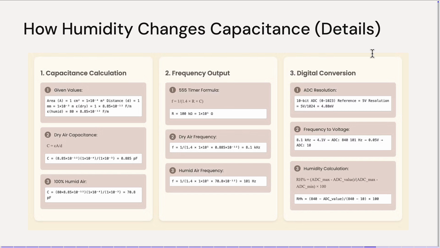This is the capacitance, and based on this, we can derive, according to a certain formula, the value of the frequency, and based on the value of the frequency, this will be converted into a voltage, and based on the voltage, it will be converted to a humidity value. Okay, so there are libraries that will do all these calculations based on the raw value received from the sensor.